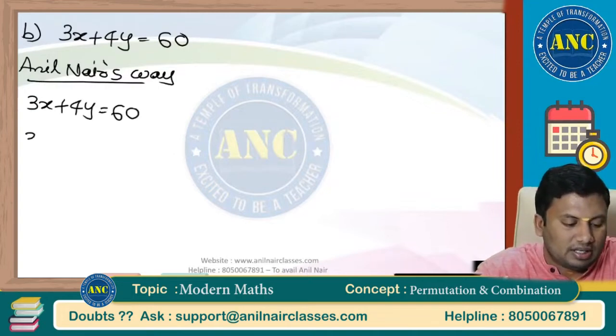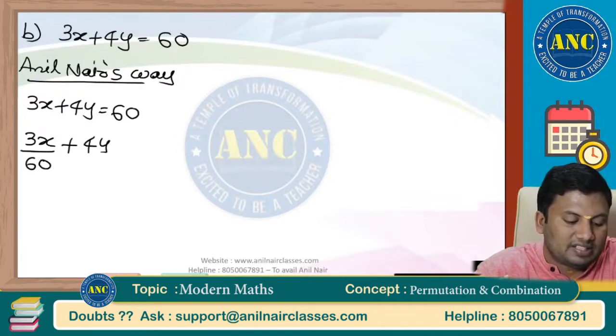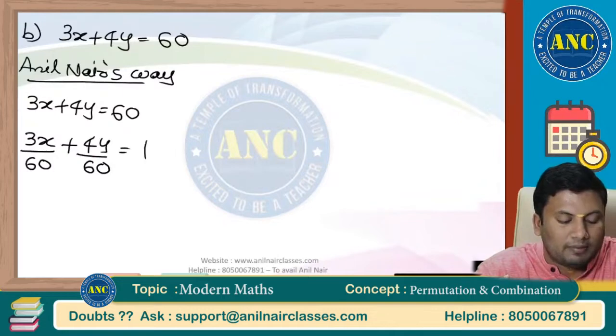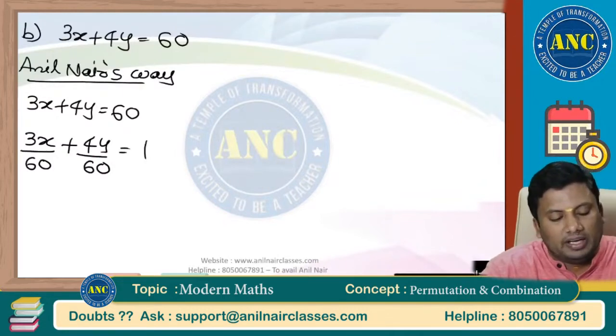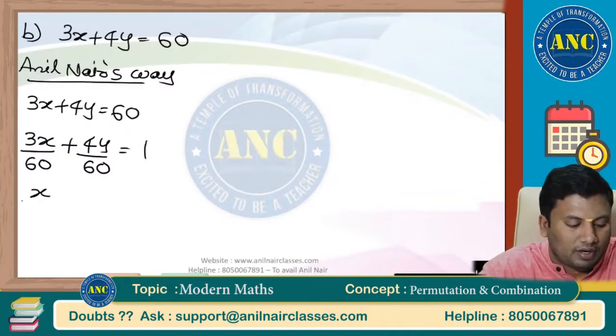This is 3x by 60 plus 4y by 60 equals 1. I am writing it in the form x by a plus y by b equals 1. x by 20 plus y by 15 equals 1.